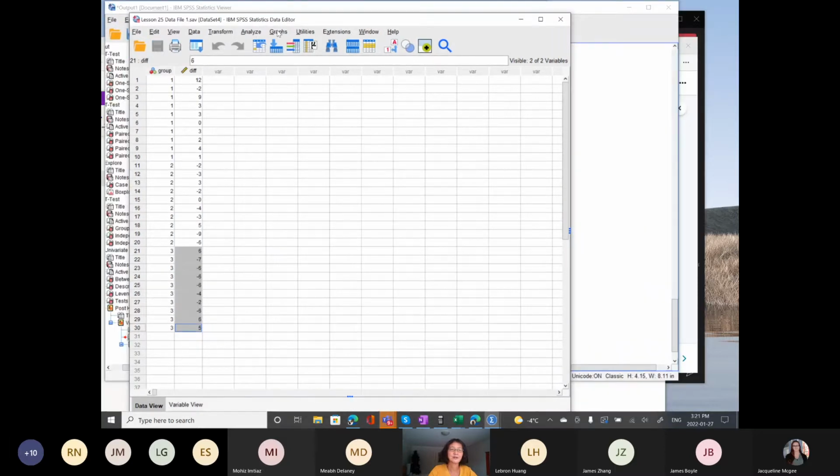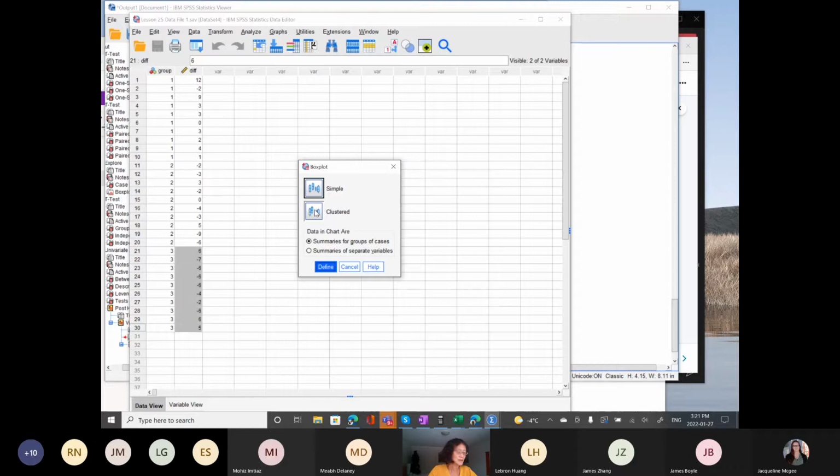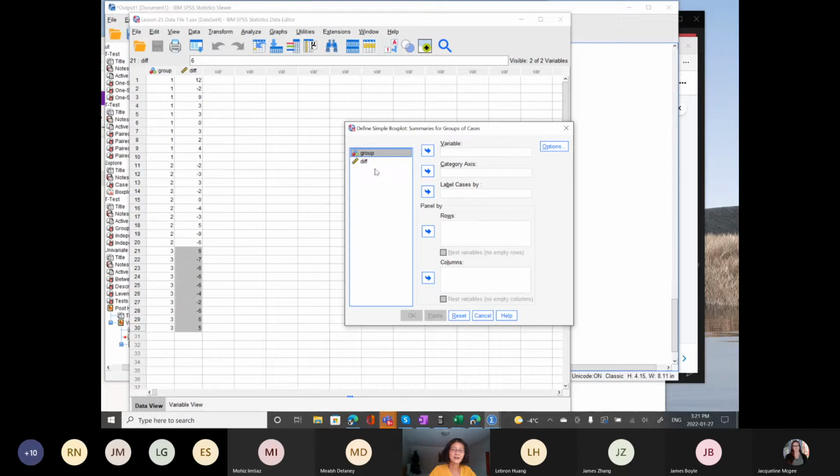You go to Graphs, Legacy Dialogs, and then click Boxplot. And now you select Simple, and then Summaries for groups of cases. Click Define. So the variable is the dependent variable. Group is the category axis. You want to produce the box plot for three groups.